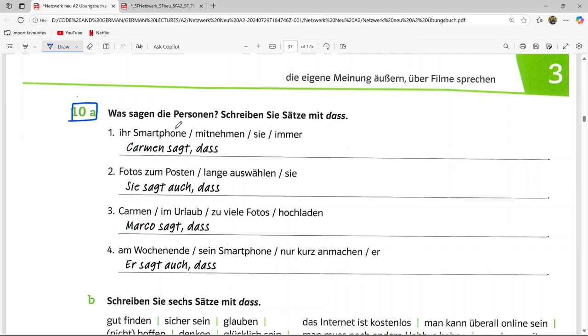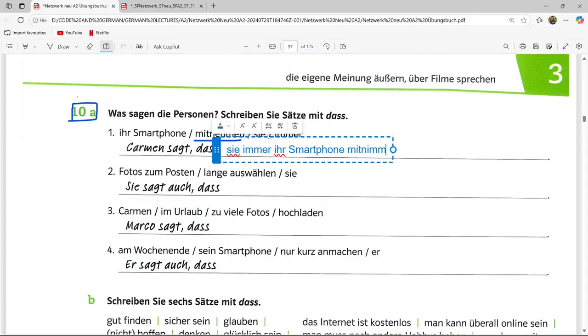If we use dass, we have to put the verb at the very end of the sentence. So Carmen sagt, dass sie immer ihr Smartphone, and then the verb will be conjugated based on she. So mitnimmt, like this. Done.